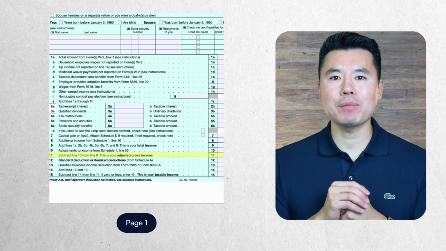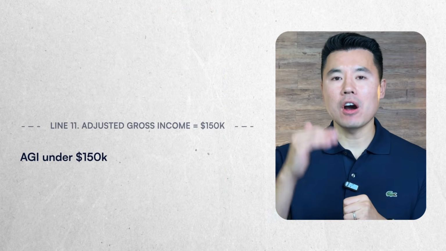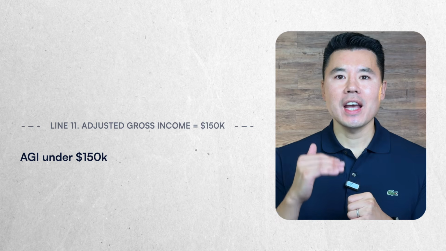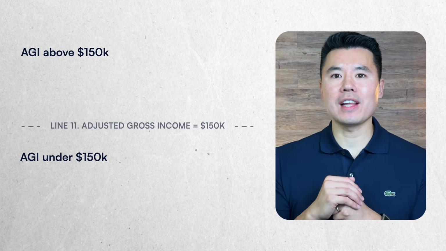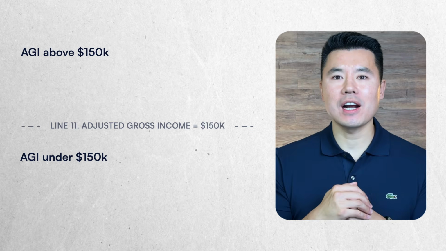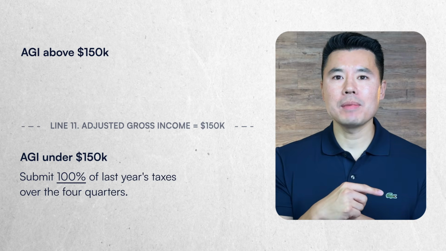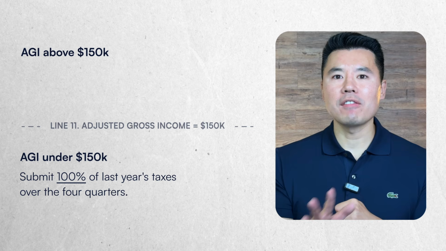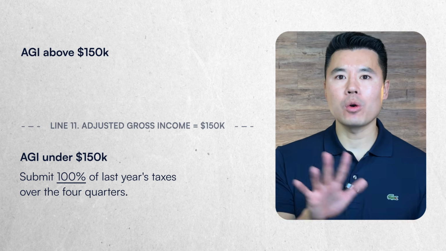There are going to be 2 camps here: those whose AGI is under $150,000 and those above $150,000. If you're under $150,000 from last year's return, you're going to want to submit 100% of last year's taxes over the 4 quarters.